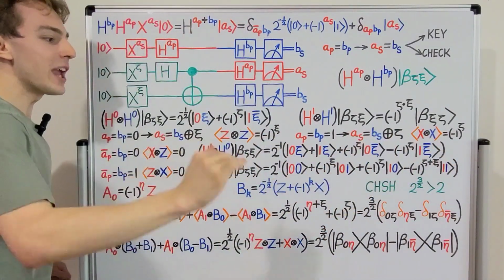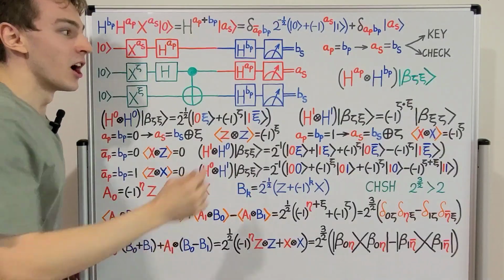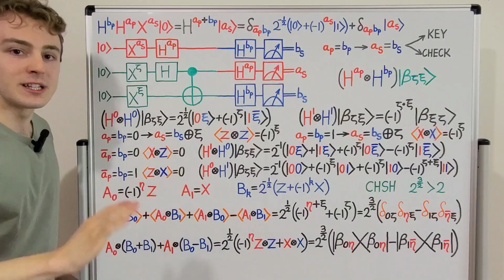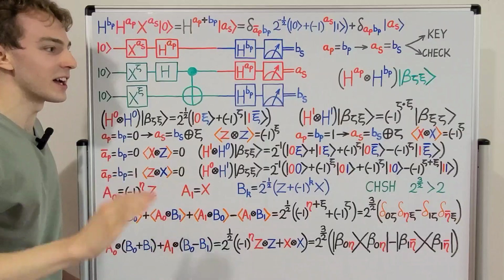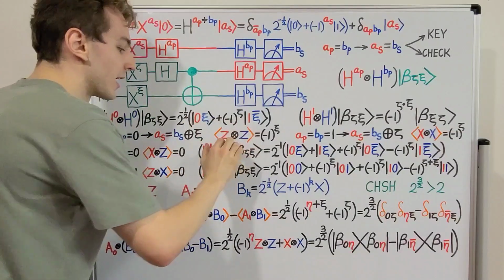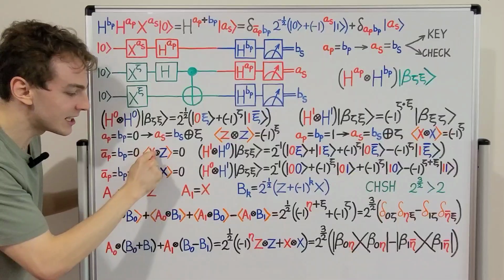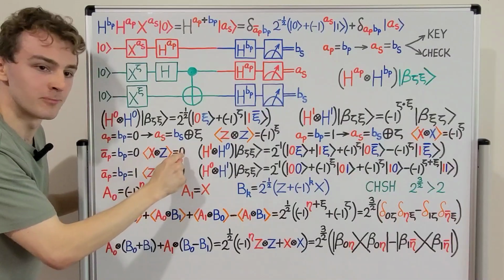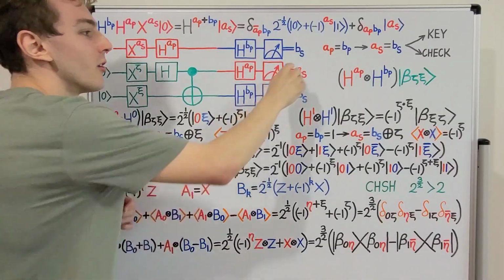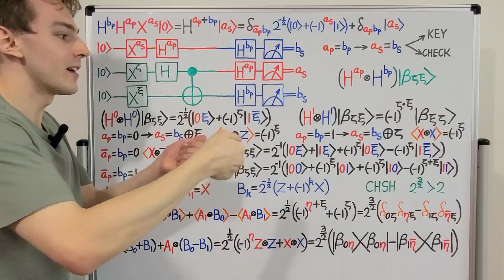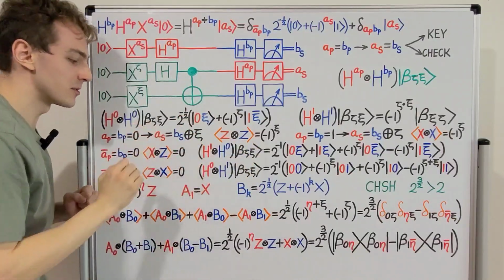That means there's no guarantee that the secret bits are going to be equal, and there's no guarantee that the secret bits are going to have opposite values. So another way of stating that is that the expectation value of x tensor product z is equal to 0. So we have no guarantees of equality or the fact that we have opposite values.